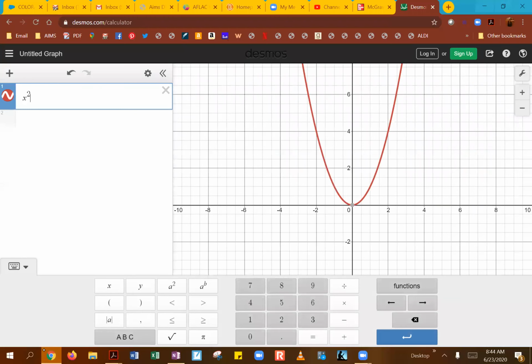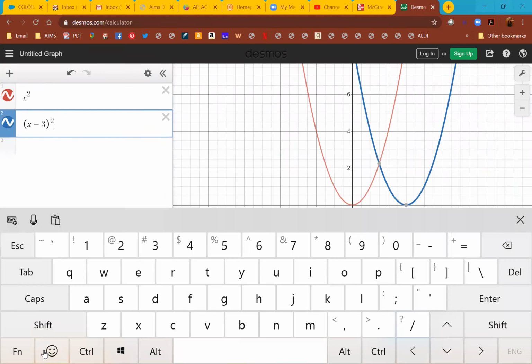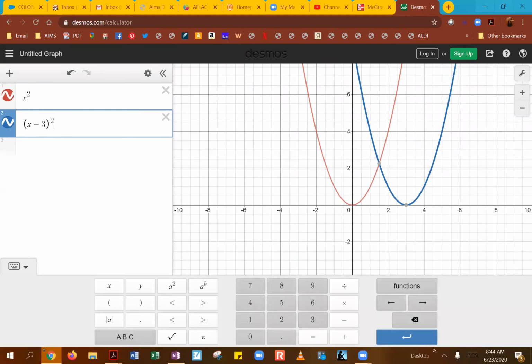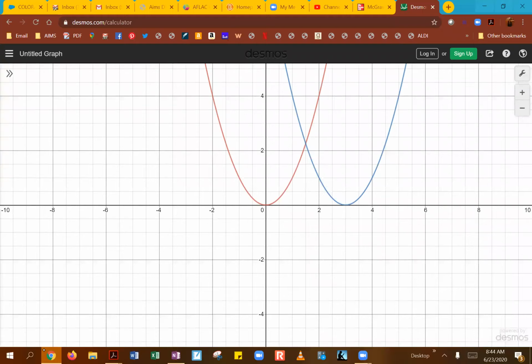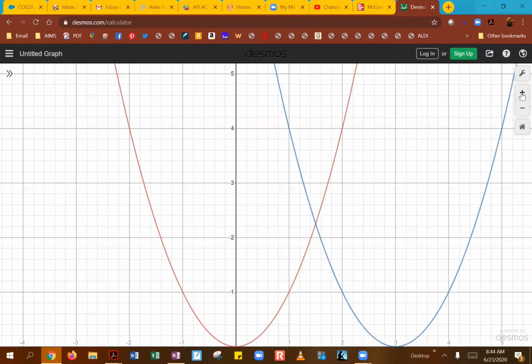So we've got our x squared function. Now if we do the x minus 3 squared, you can again see how that graph moves 3 units to the right. So in the red, you have the original, and you can see each point on your function over here.